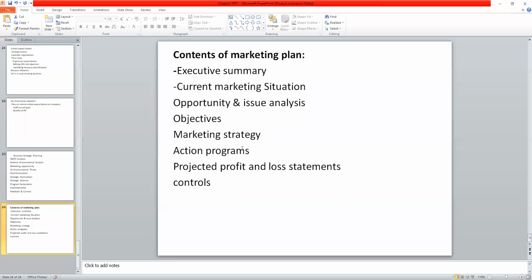The opportunities and issue analysis considers summarizing the current situation of the company. The product manager identifies the major opportunities, threats, weaknesses, and issues facing the product line. Similarly, the financial manager takes into consideration the opportunities from where they can think of generating the cash flow and what is the current situation. So here, the cross-sectional managers try to analyze the opportunity and issue analysis from their independent departments.